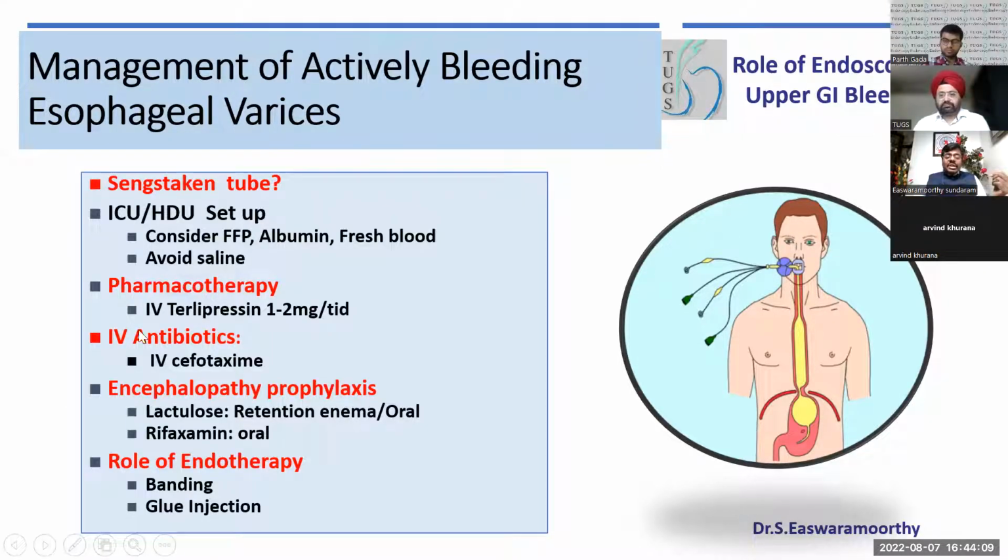And always consider these people are notorious for going into hepatic encephalopathy, so go for antibiotics and encephalopathy prophylaxis, and start deciding which endotherapy is required. If it is big esophageal varices, banding. If it is gastric varices, glue. G for G, B for B. That is a very simple mnemonic.